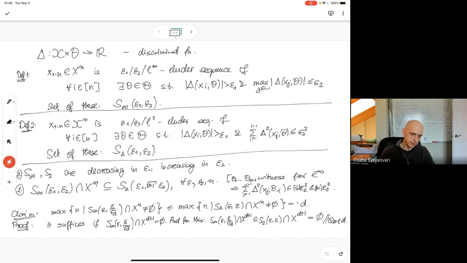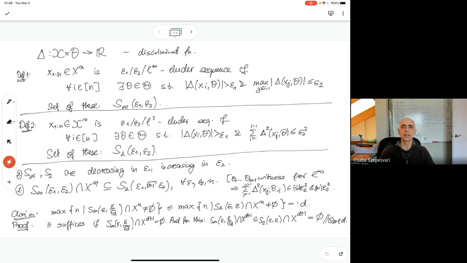if you take L infinity Eluder sequences that are of length n, then just because you can simply square these and sum them up and satisfy this inequality, it holds that if you have an Eluder sequence of length n for the L infinity definition, then you will have an Eluder sequence for the L2 definition, but you have to scale up the epsilon2 by a factor of square root n minus 1, because here you are summing at most n minus 1 terms.